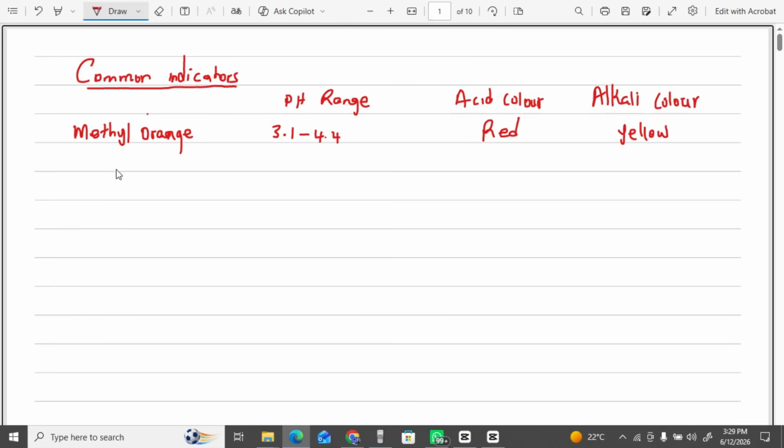Listen, we have bromo. This is bromothymol blue. This one has the range between 6.0 to 7.6, and it goes from yellow to blue.